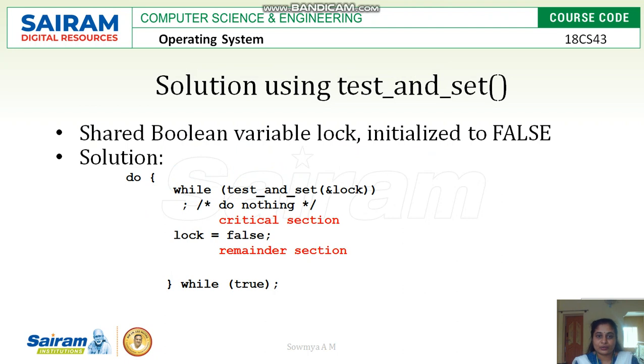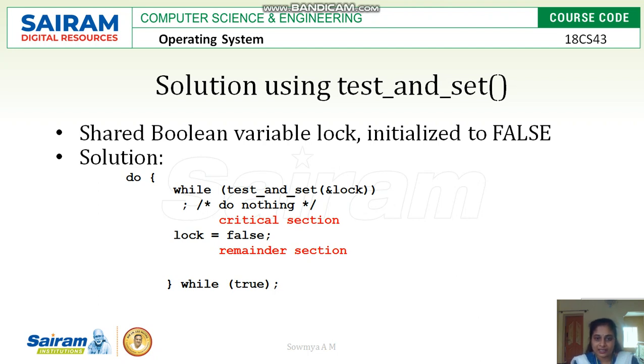Next we have the critical section solution using the test and set function. This shares a boolean variable lock, initialized to false. The test and set function is always passed the actual target value, which is initially false.